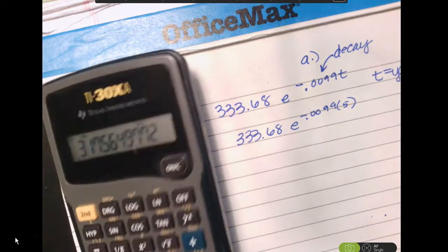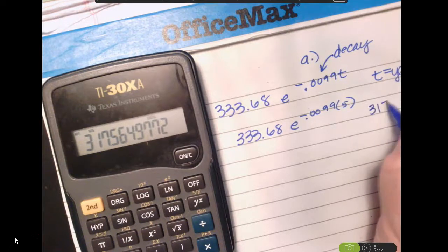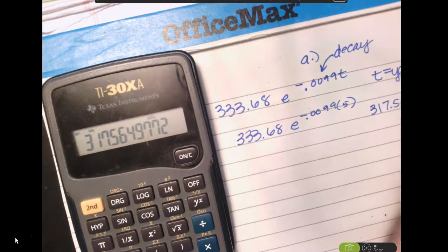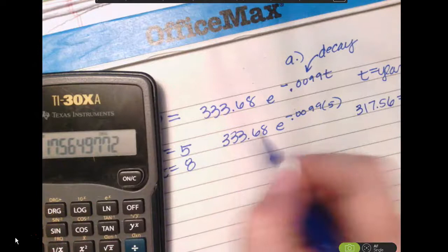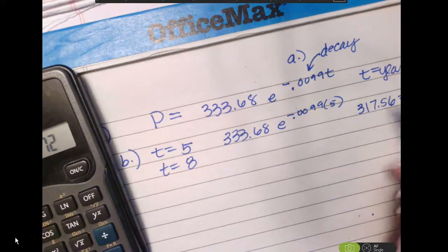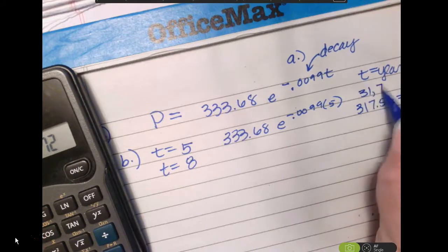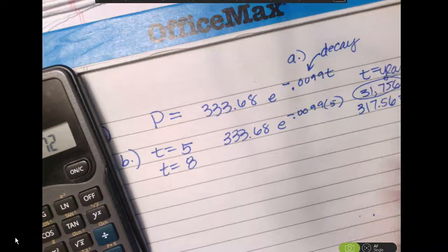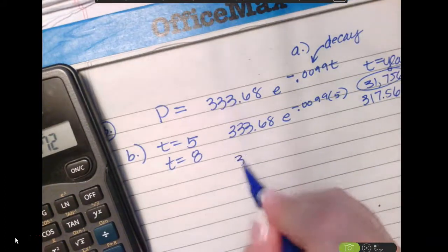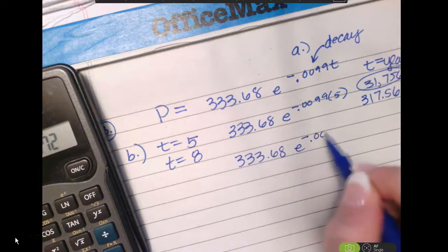So 317.56 equals P. Okay, so that's their population in thousands, so it would be 31,756 in 2005, and then I'm expecting for t equals 8 for it to go down.